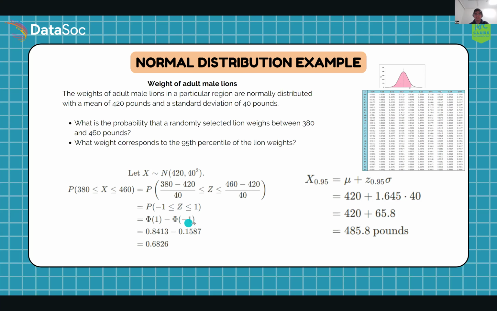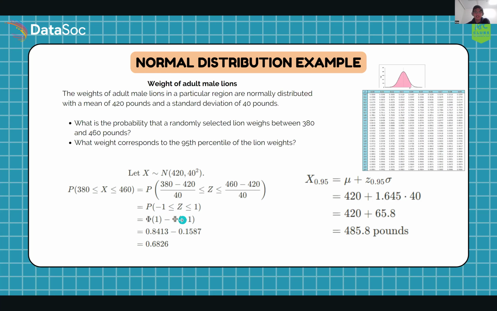As you can see here, this is the value you'll find in your normal distribution table. So the probability of one standard deviation away from the mean would be, if you search up the normal distribution table, you can find the value 1, which will correspond to this value.